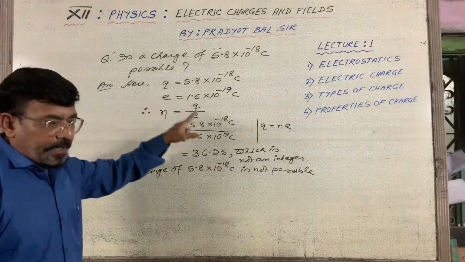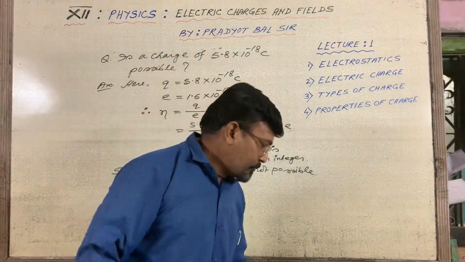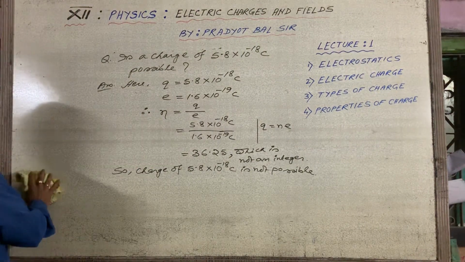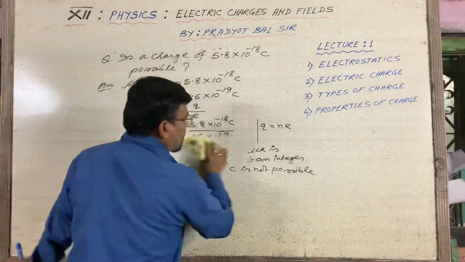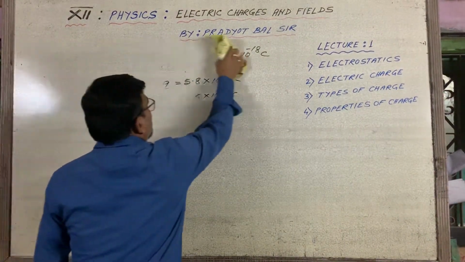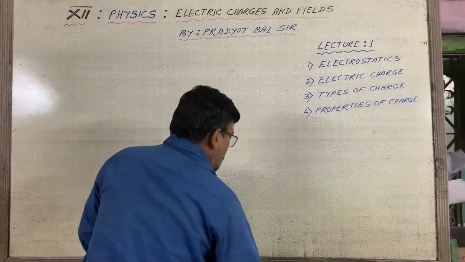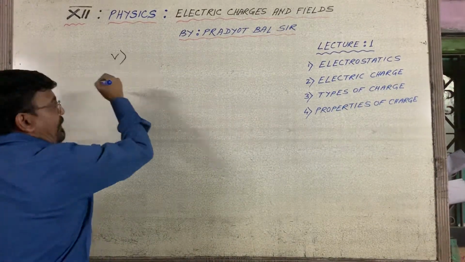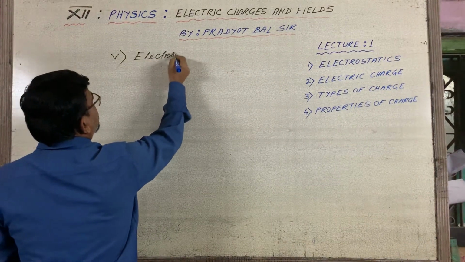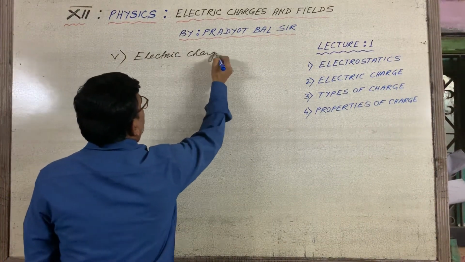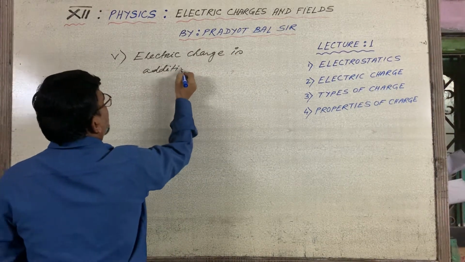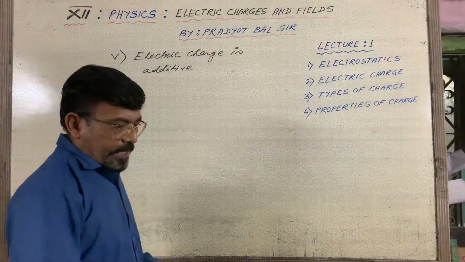So that was property number 4. Now comes property number 5. I hope you have seen the sum. Now write property number 5: electric charge is additive.